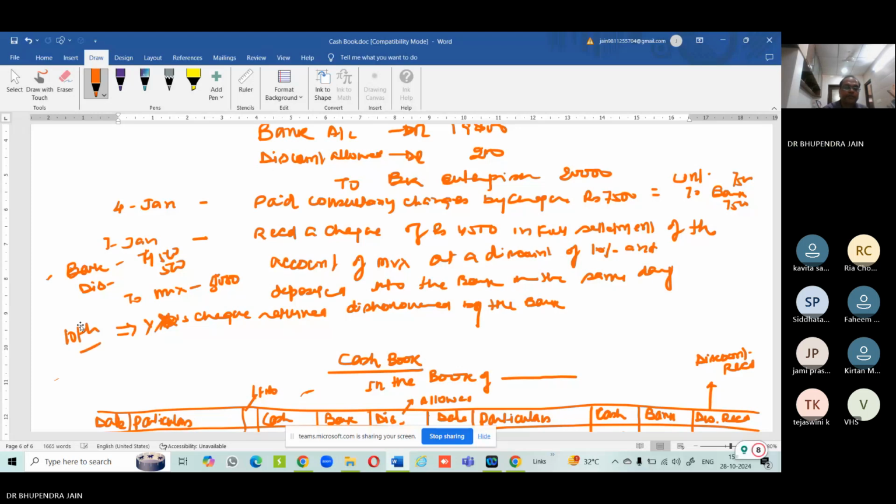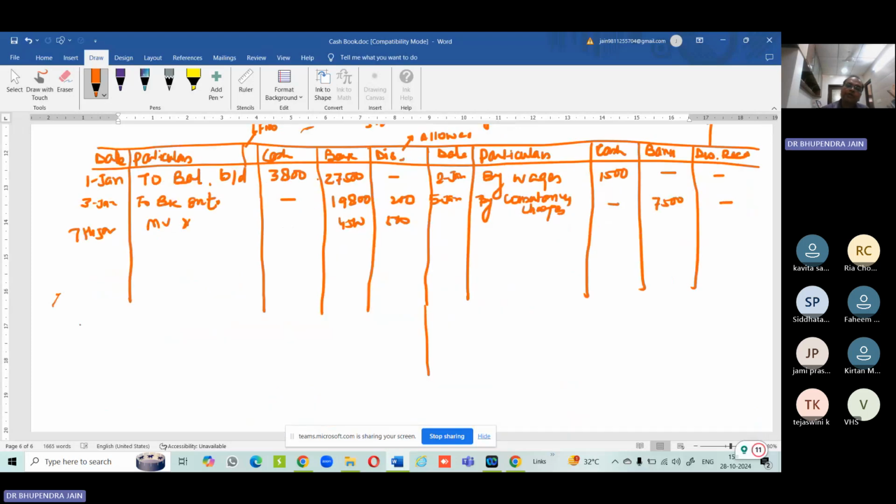On 10th of Jan, once the check returns, we just reverse the entry.